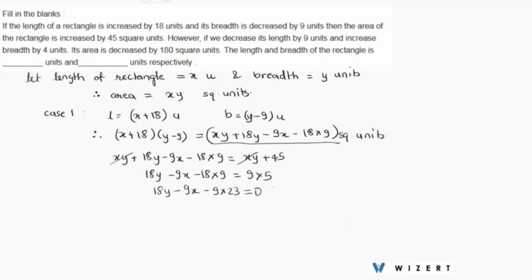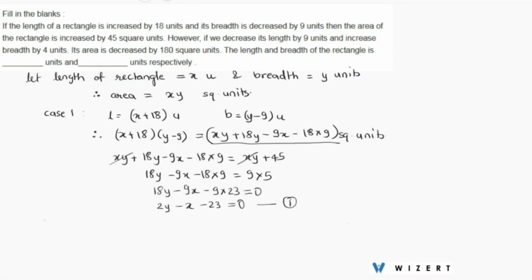Let's reduce it first. We can divide the entire equation by 9. So we have 2y minus x minus 23 equal to 0, and now we can name it as equation 1.